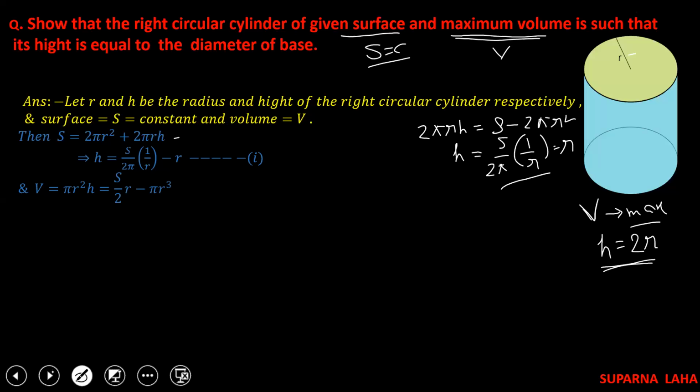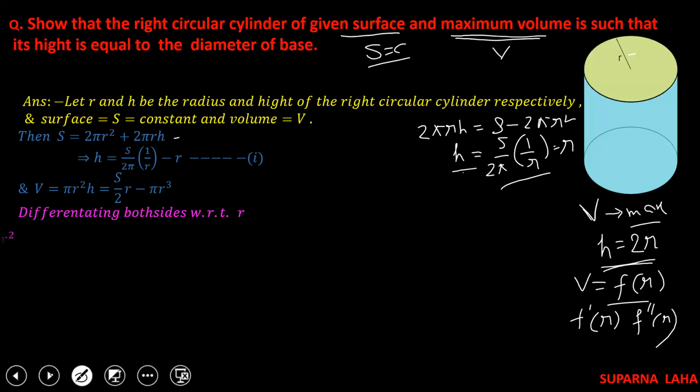Let's find this V, that is pi r squared h. So put the value of h. Ultimately this function V is converted into a function of r. Now we can find the first derivative with respect to r and the second derivative with respect to r. Differentiating this with respect to r, you will find dV/dr.